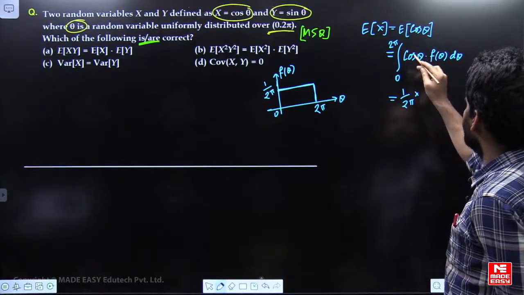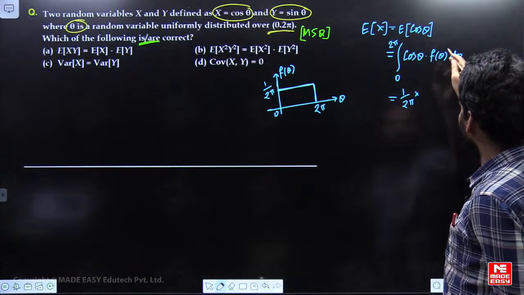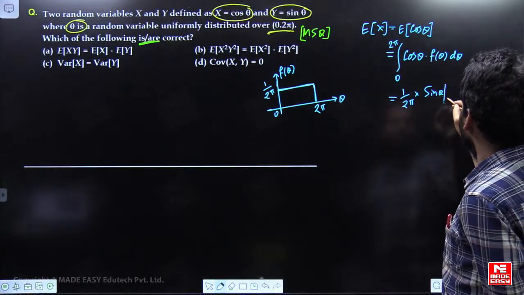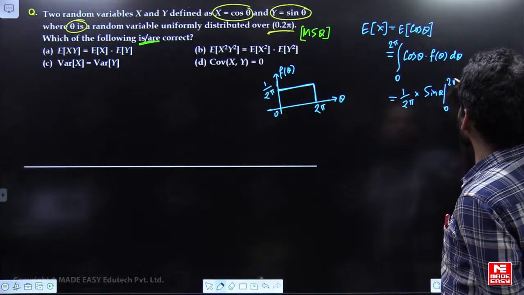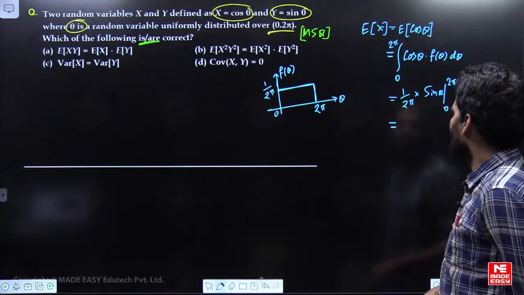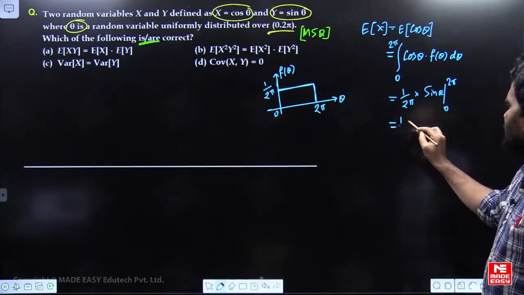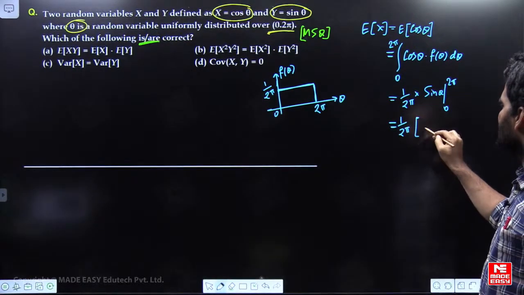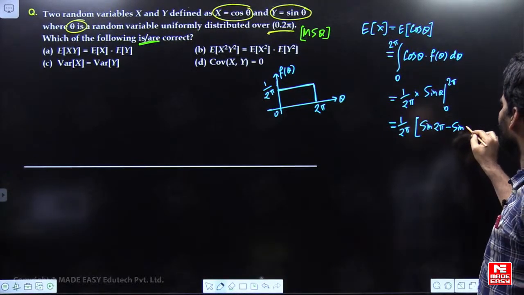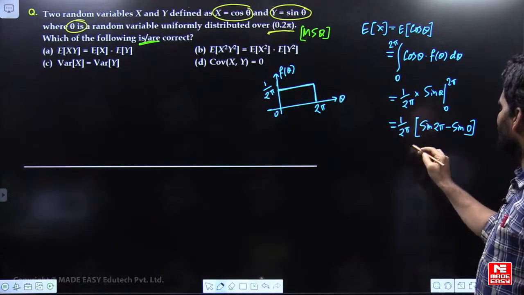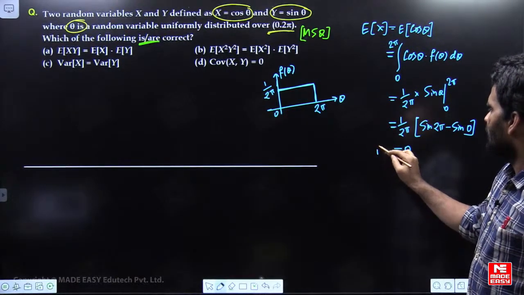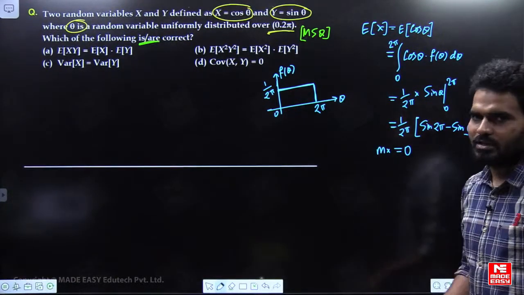Integration of cos theta will be sin theta only, with limits 0 to 2 pi. Substituting the limits, sin 2 pi minus sin 0. Sin 2 pi is 0, sin 0 also 0, so this is 0. So expectation of x, I can say mx, will be 0.